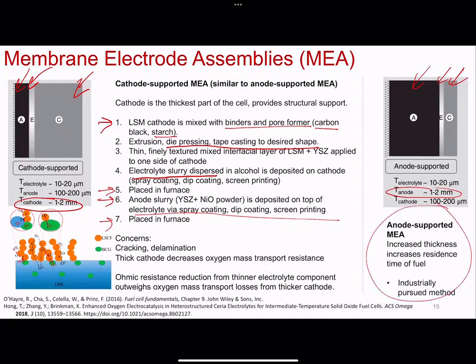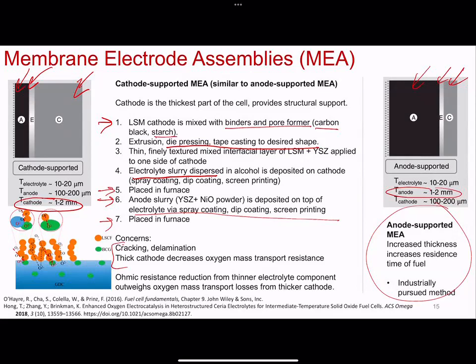Interestingly enough, this is what industry prefers, because this technique prevents a lot of cracking and delamination.